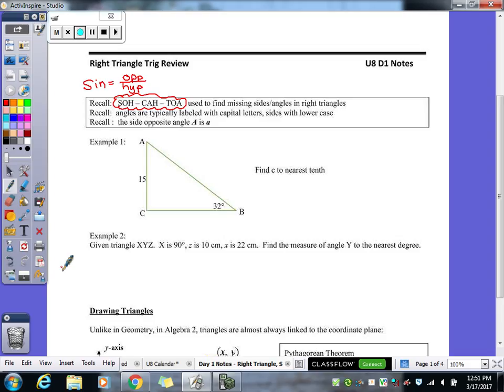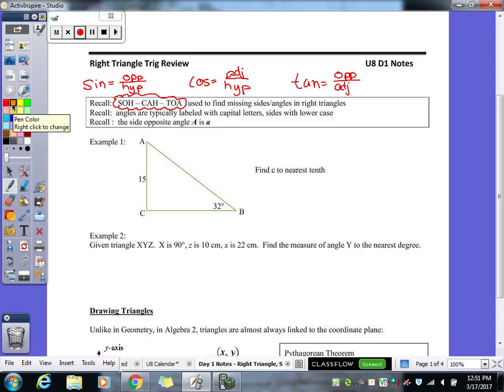Next one is cosine, adjacent over hypotenuse. What's our last one? Tangent. Tan is opposite over adjacent.